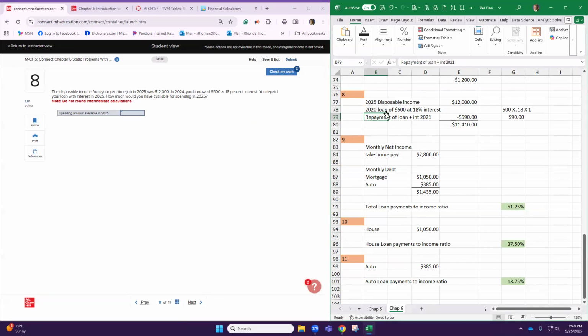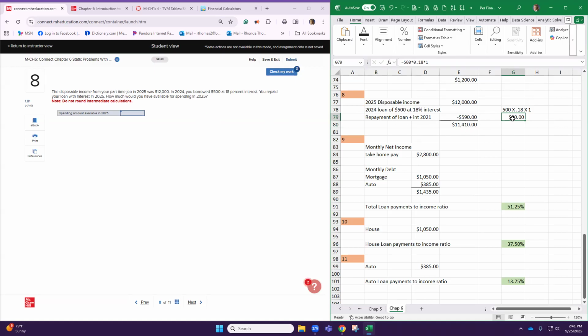So the loan payment, we borrowed it in 2024. Okay, so let's put 2024 here. It was a $500 loan at 18%. $500, which is the principal, times 0.18, which is the interest rate, times 1 year. So the interest on that loan, this is called simple interest, would be $90.